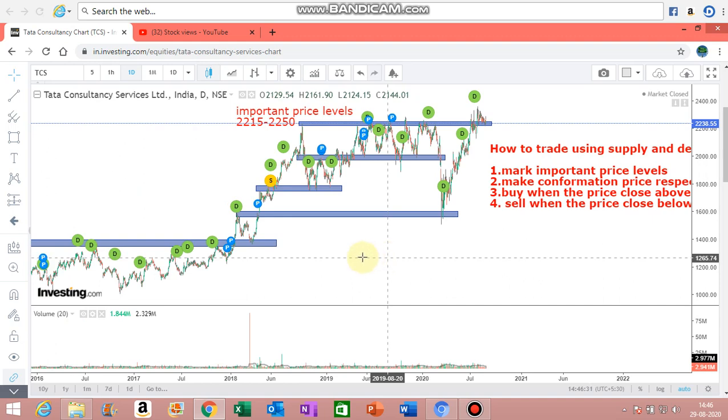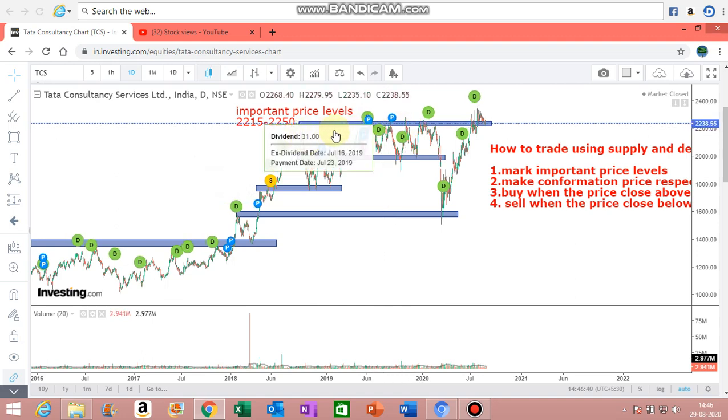What I'm doing is marking the price levels based upon several times the price has been testing those levels. For example, I am taking this price because presently the share of the TCS is trading around 2200 to 2250.